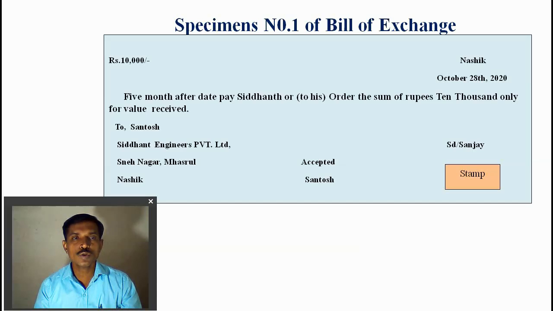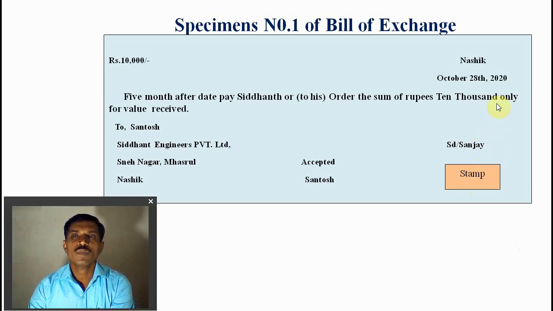To Santosh Siddhant Engineer Private Limited, Snenagar Masur Nasik, accepted by Mr. Santosh, and it is given by Mr. Sanjay, and a stamp is also required on the bill of exchange.